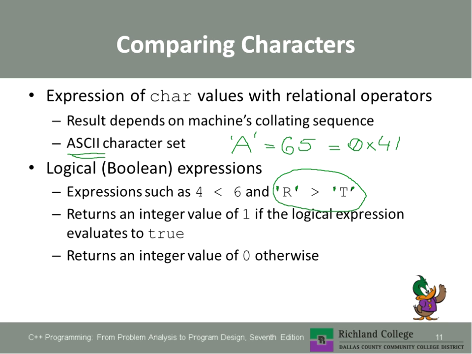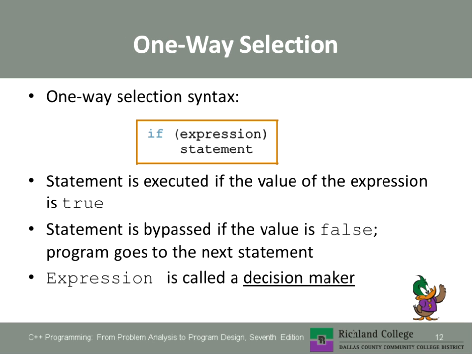Remember, the ASCII code for the alphabet is an ordered set. So since they are ordered, capital A comes before capital B, and capital B comes before capital C. That means we can see which one is less. Less means it comes before in the alphabet. So if it is true, then it comes back as 1. The result is 1, and otherwise it is 0, or false.